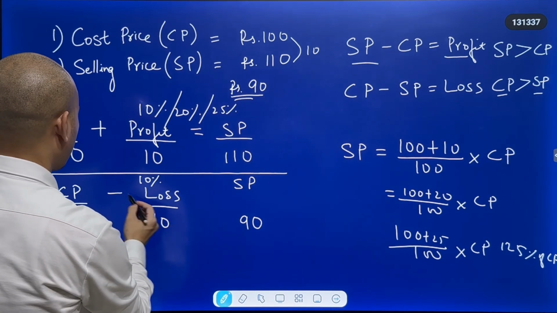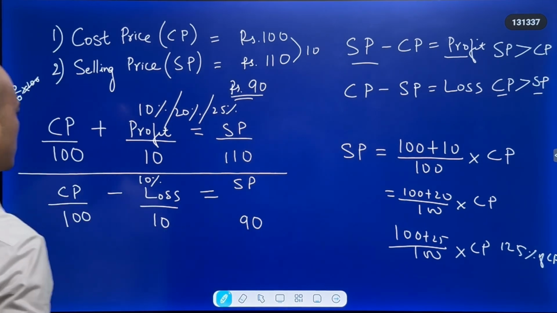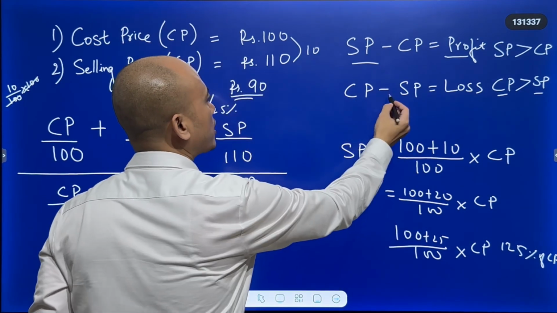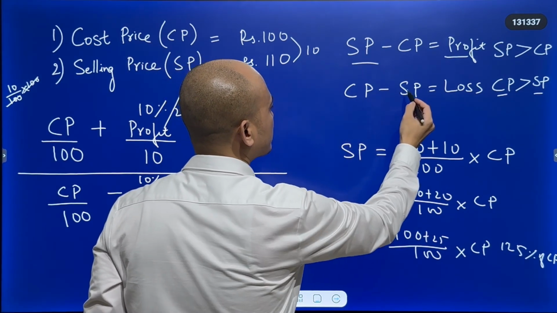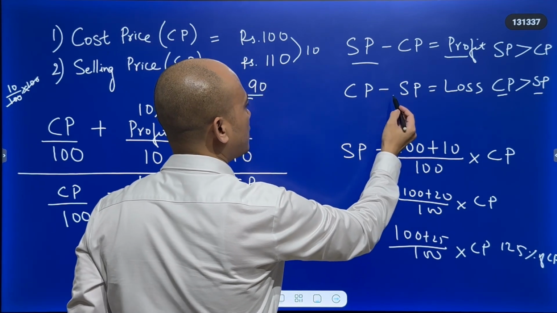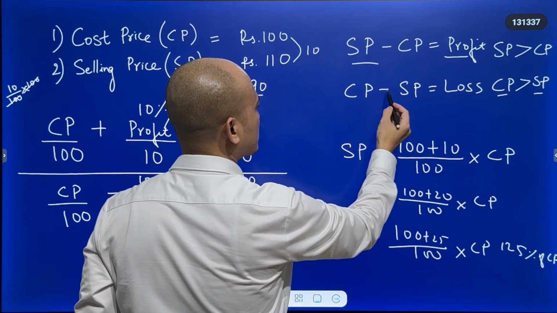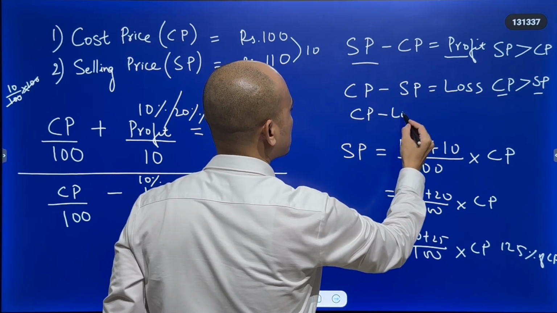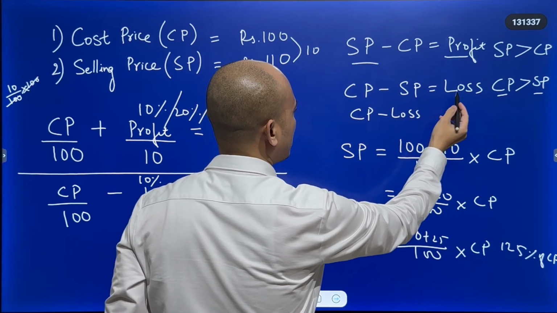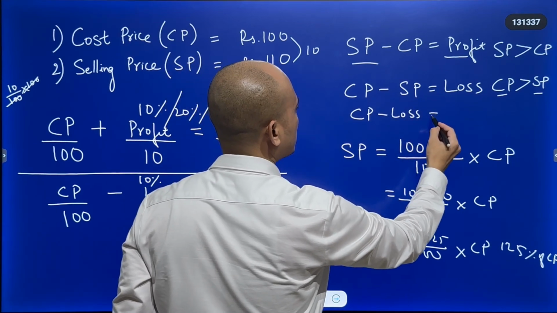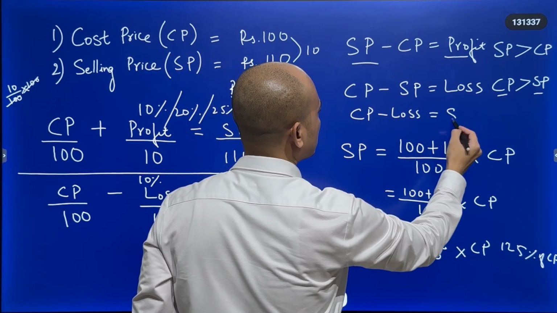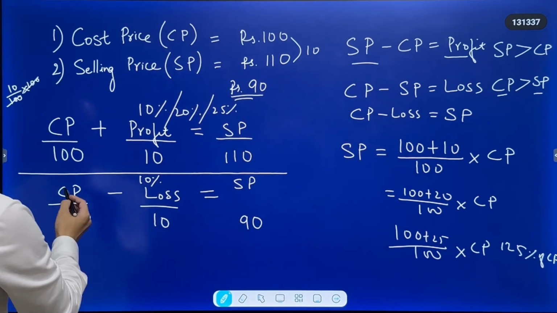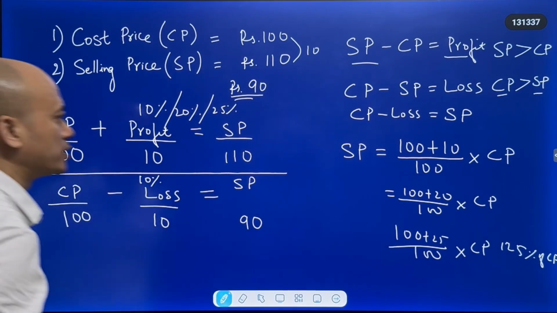Cost price minus loss is equal to selling price. You see here, cost price minus selling price is equal to loss. Now if we want to find selling price, we shift it to the right side, so minus becomes plus, and the loss goes to the other side. So cost price minus loss is equal to SP.